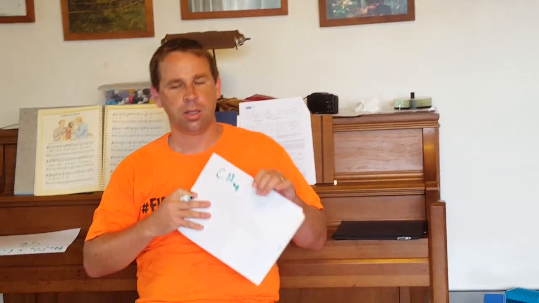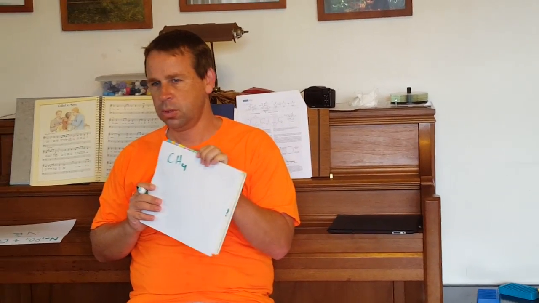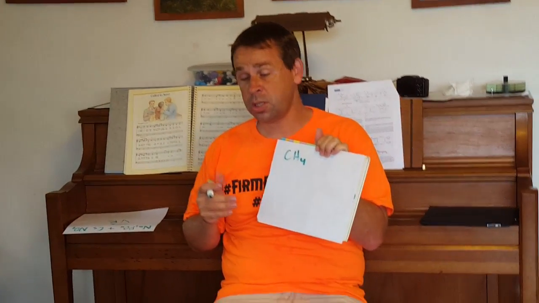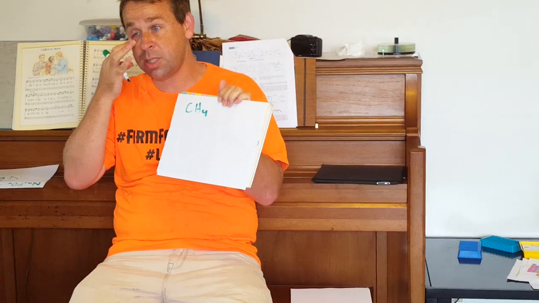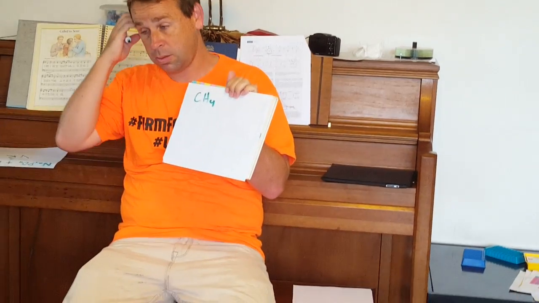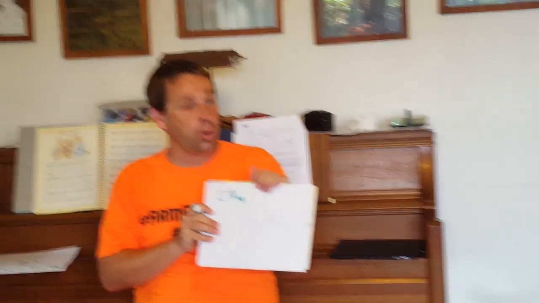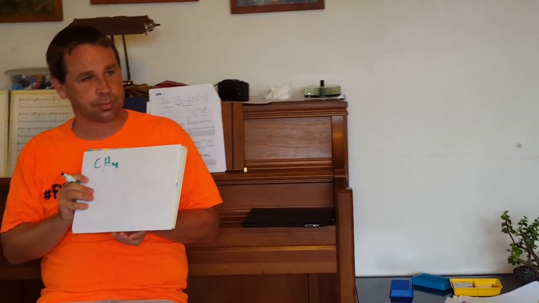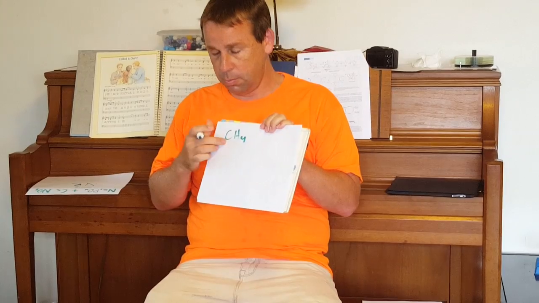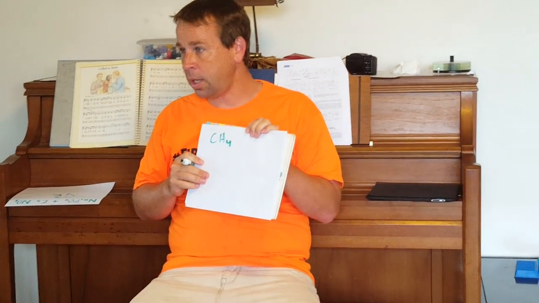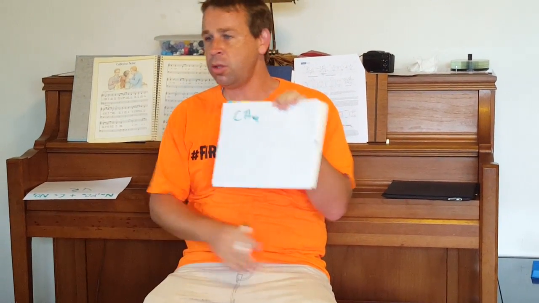Here's a compound called CH4. Carbon, hydrogen. Actually, it's an organic compound, which has a different naming system. It's called methane. All right? How do you think this compound formed?